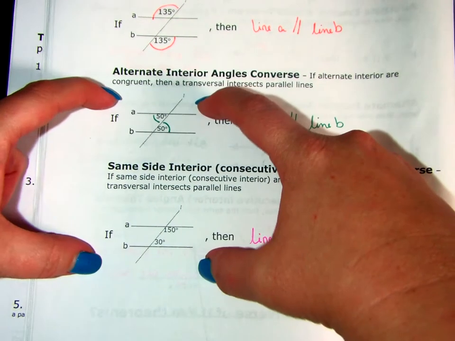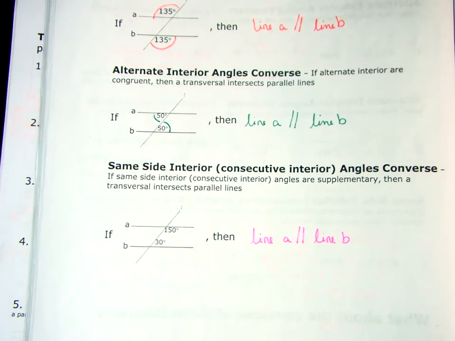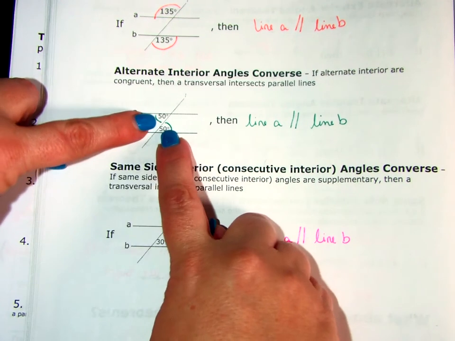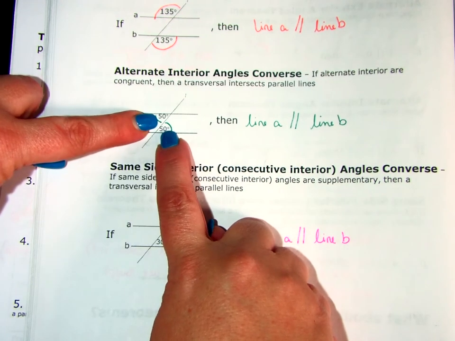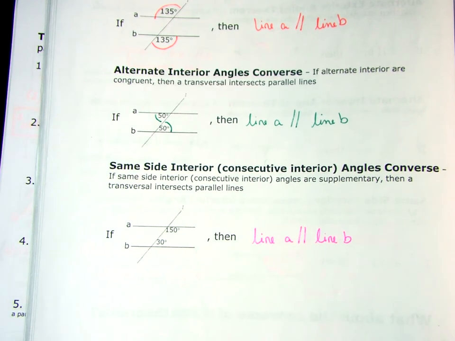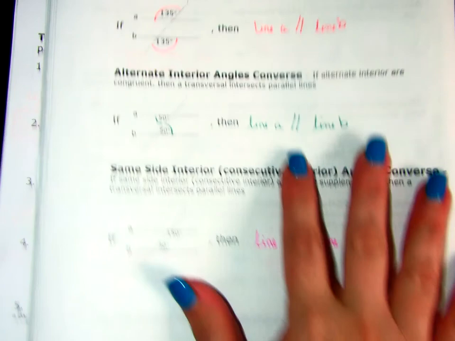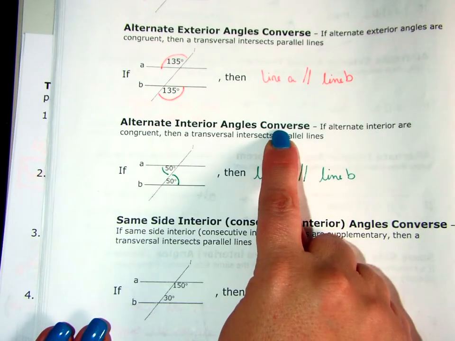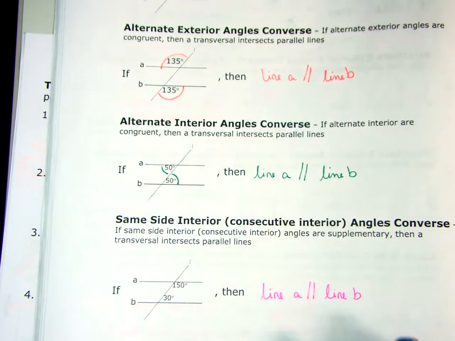These last 2 will get used a lot in this section because we will end up with some alternate interior angles. If we can show that they are congruent, then even though my lines across from each other aren't marked parallel, using the alternate interior angles converse, we can prove that they're parallel.